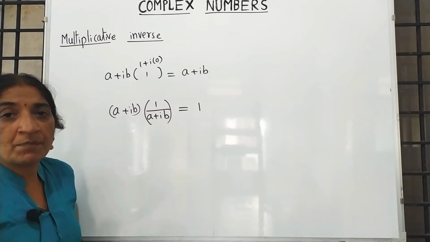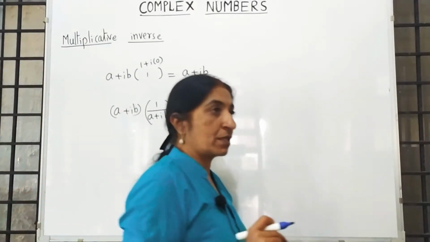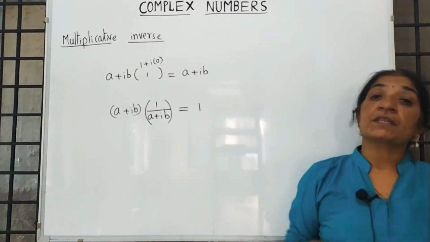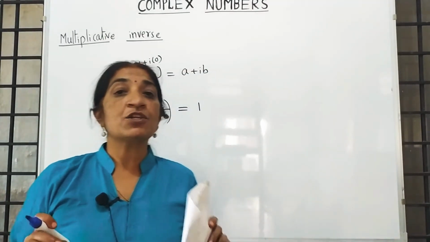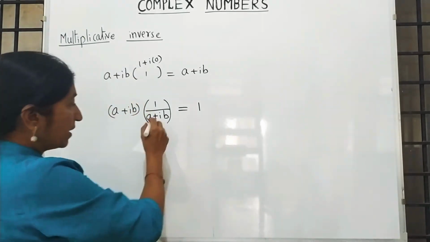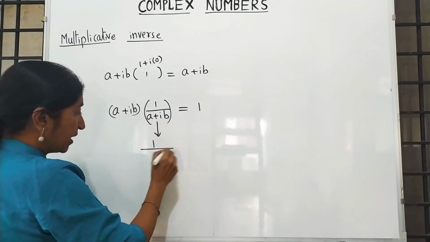But 1 upon a plus ib is not the standard complex number. Why? Because i is present in the denominator. When you write the complex number in standard form, i should not be in the denominator. At that time, what are we doing?